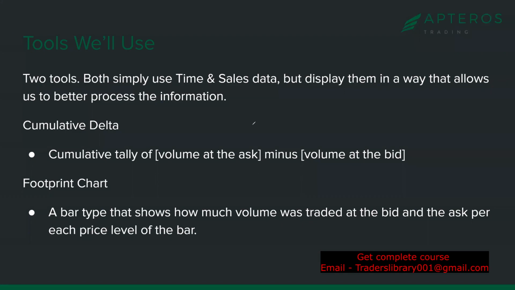If we had a sequence of events come through where 2 contracts trade at the bid, and then 4 contracts trade at the ask, and then 2 contracts trade at the bid, and then 5 contracts trade at the ask, well, the cumulative delta is going to be 4 plus 5, all the volume done at the ask, minus 2 plus 2. So that's 9 minus 4. So we are plus 5 cumulative delta, right?